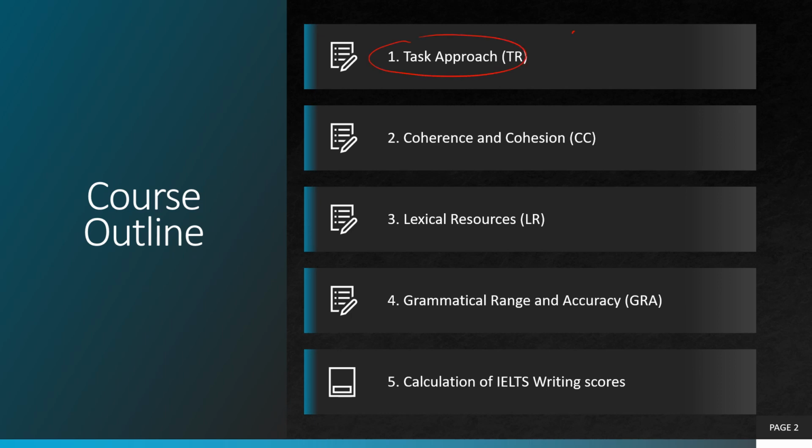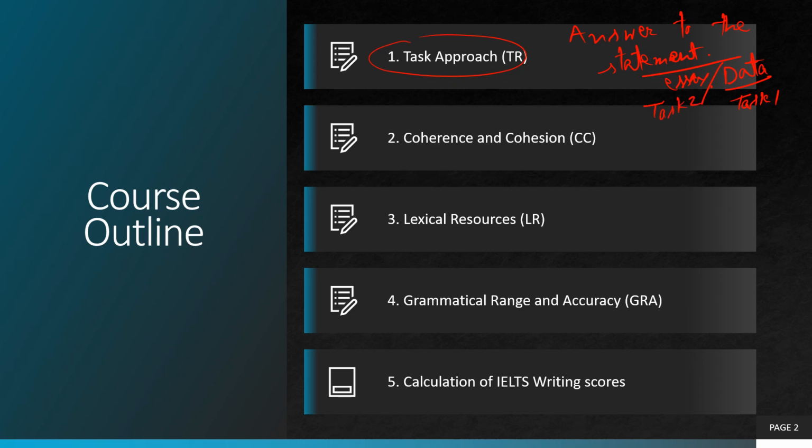Task approach is nothing, it is just your answer to the statement of the essay. Or it could be the answer to the data, or the way you are representing the data values, and this data is provided to you in task 1, while the essay is there in task 2.